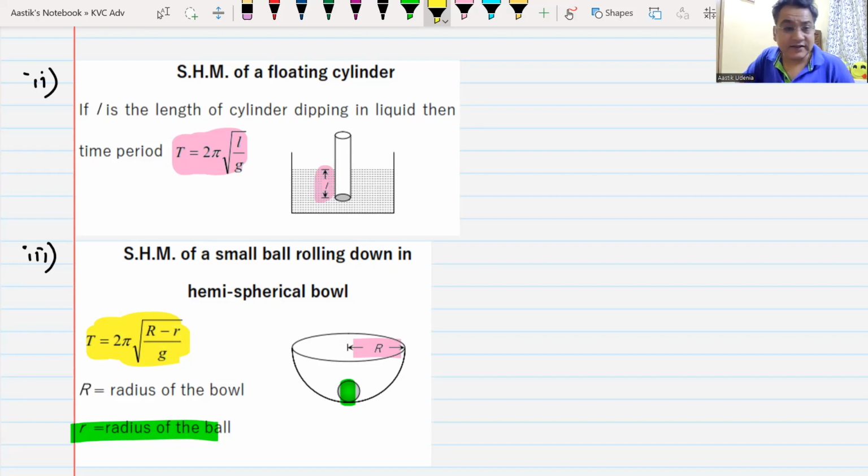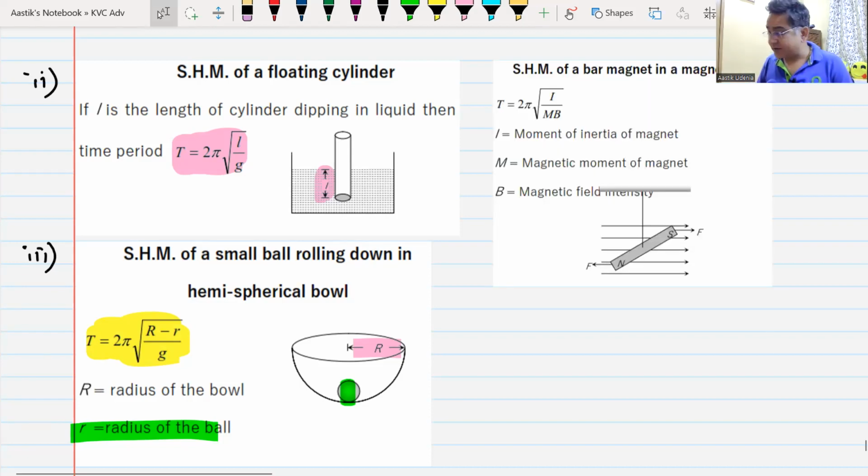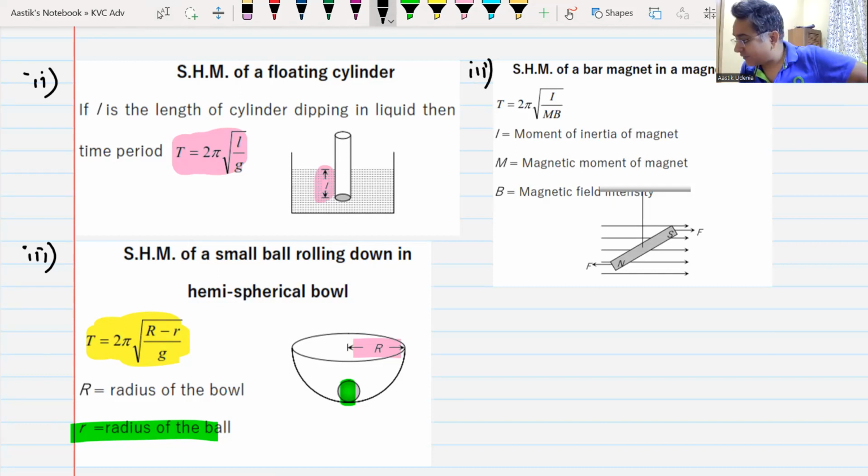The next case is the case of a bar magnet. It can be a bar magnet, or it could be an electric dipole in an electric field. We don't know these terms, but you can just note down. I is the moment of inertia.